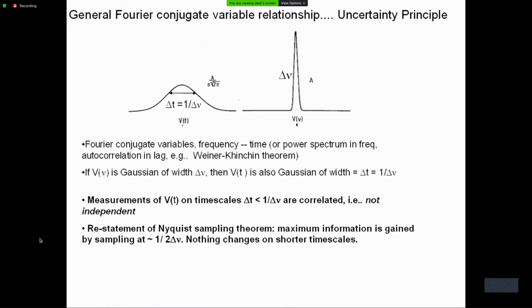Now, this is something that I stressed even when talking about it earlier. There is the uncertainty principle, which is at the heart of everything, particularly across these Fourier pairs. You will find you have a certain span of the function in one domain, or a certain feature of a certain width in one domain. It will ensure coherence over the inverse of that width, after which the coherence may not exist.